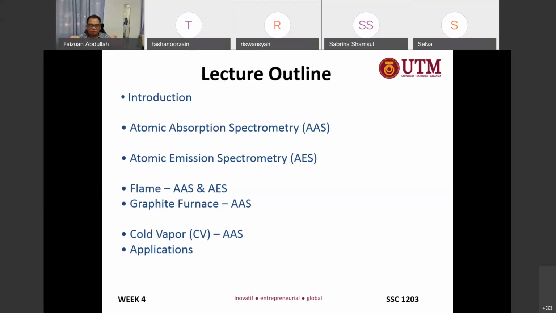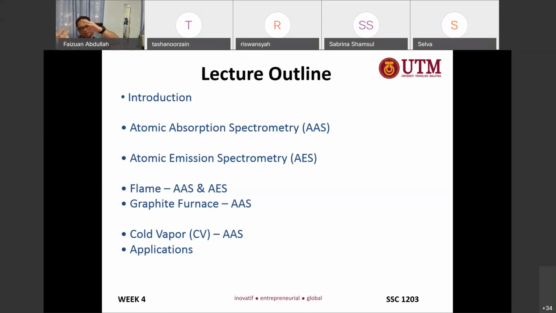For atomic absorption, we have the source of energy that emits light, the energy in the form of light. So we have our sample that is being excited, and the analyte in the sample will absorb a certain amount of energy. So the detector will measure how much of the energy is being absorbed.